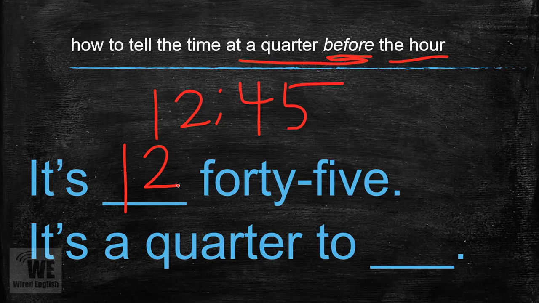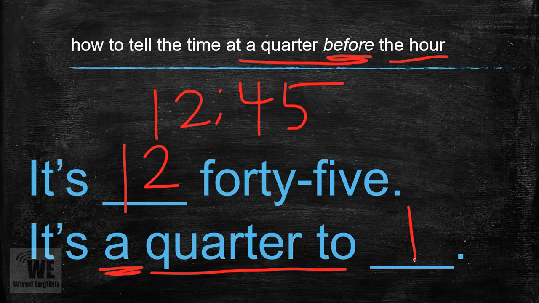But the other way is to say it's a quarter to, what do you think it is? 12? It's a quarter to 1, okay? So you have to say the hour that's coming up, okay? So it's a quarter to 1 is 12:45.